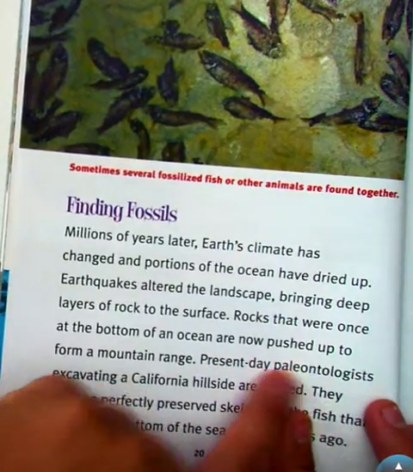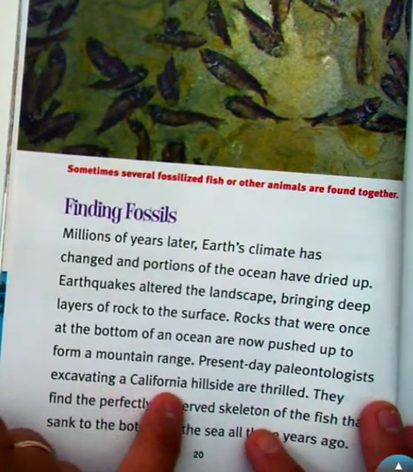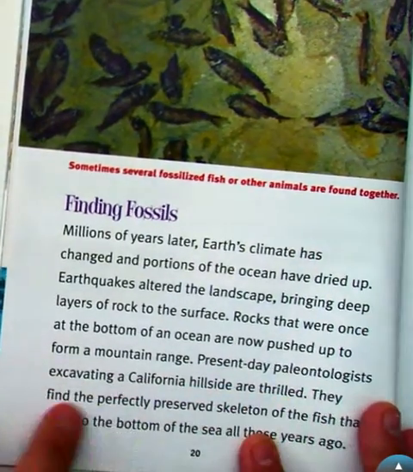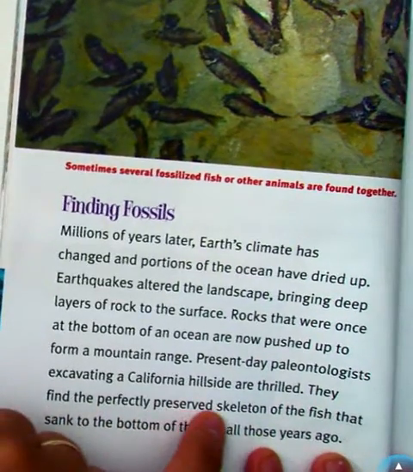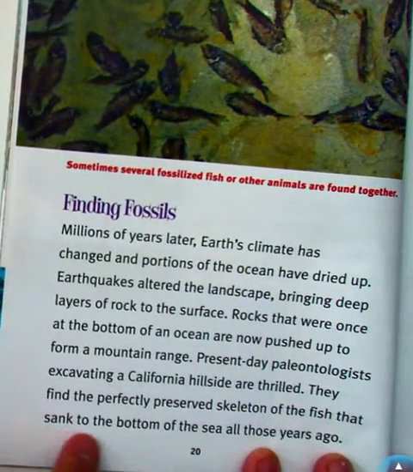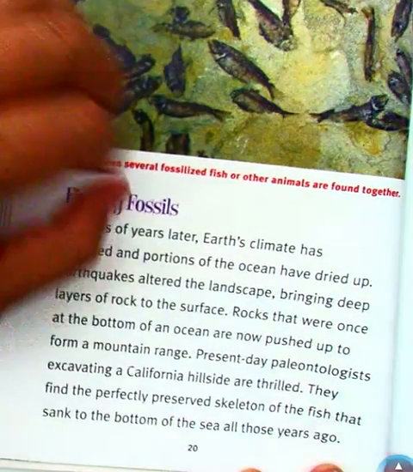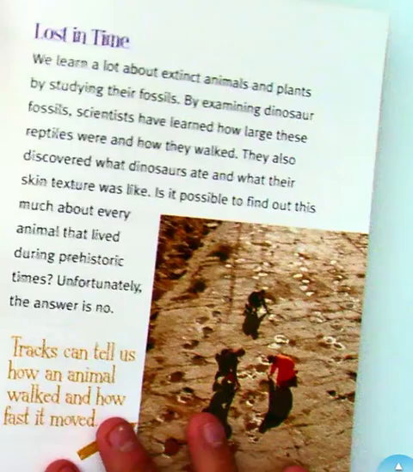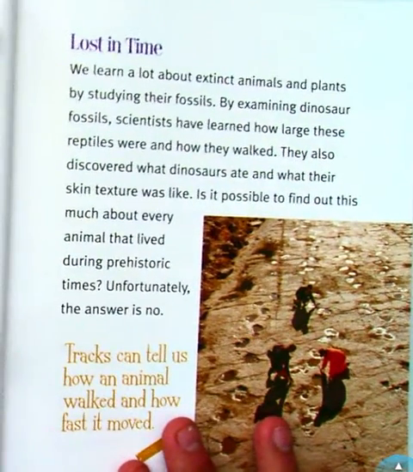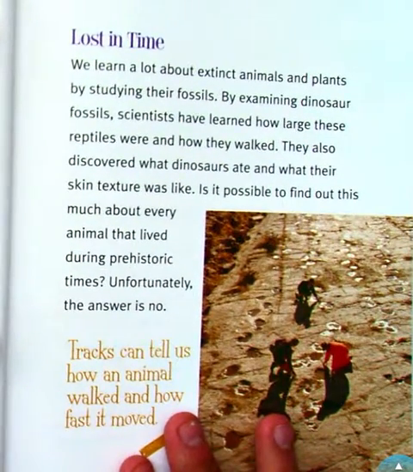Present-day paleontologists excavating a California hillside are thrilled. They find the perfectly preserved skeleton of the fish that sank to the bottom of the sea all those years ago. Lost in time. We learn about extinct animals and plants by studying their fossils.